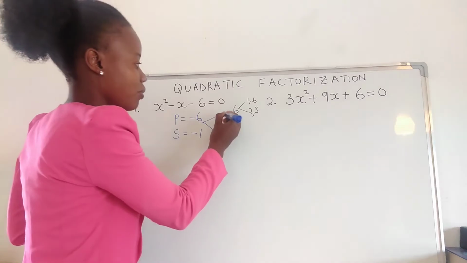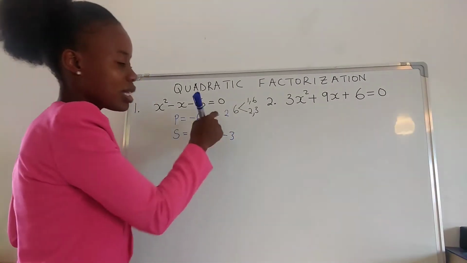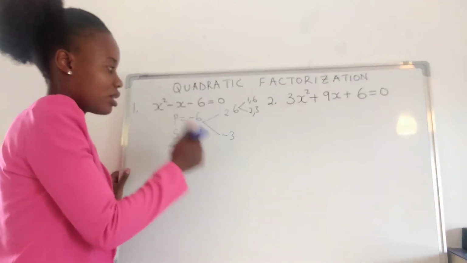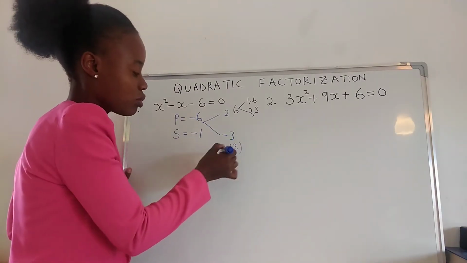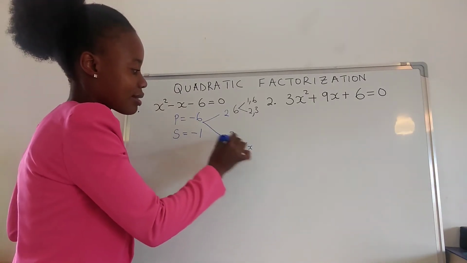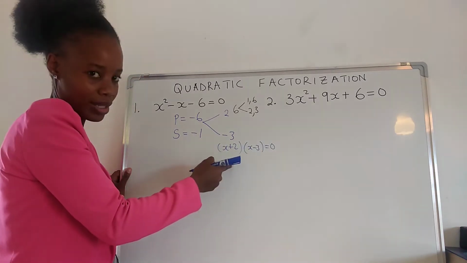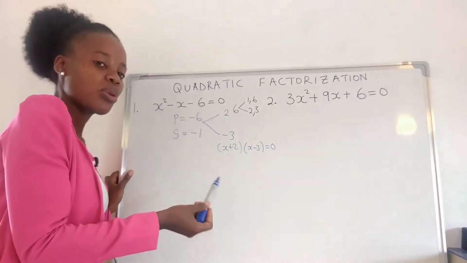So we have 2 and negative 3. These are the two numbers that we're going to use. If the coefficient of x squared is 1, you can just say x plus 2, x minus 3 equals to 0. You have factorized, okay? But let's use the long method.